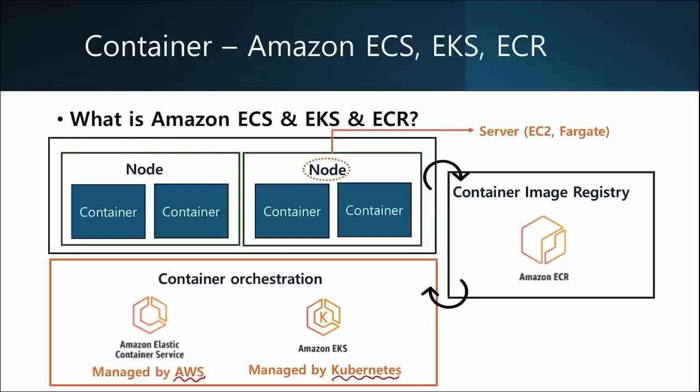ECR is a container image registry. This allows users to manage their defined container images in AWS and easily deploy them to ECS and EKS. Each container is included in a node. This node can be considered a server that runs containers. This server can utilize EC2 and Fargate. We will discuss Fargate in detail later.